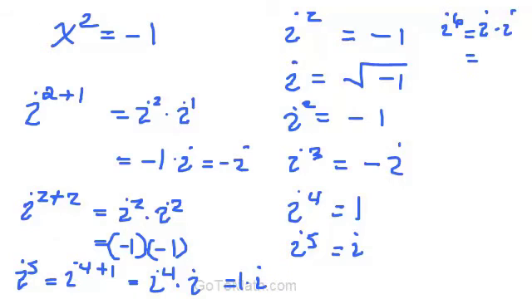But then what is this equal to? i times i is i squared, which is negative 1. See that? Now take a wild guess what i to the 7th is going to be. What do you think i to the 7th is going to be?